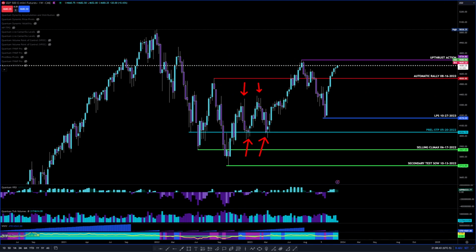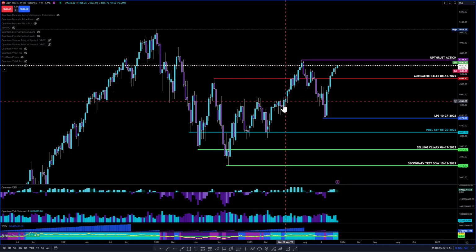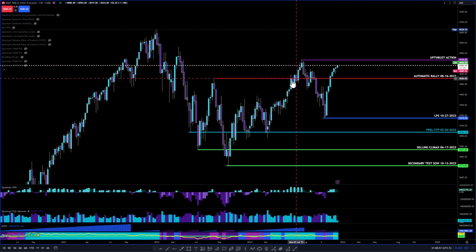We had a little resistance there, and eventually price broke out of that, roughly the 30th of May. When we broke out, we broke the automatic rally, which is basically the resistance level of the range.